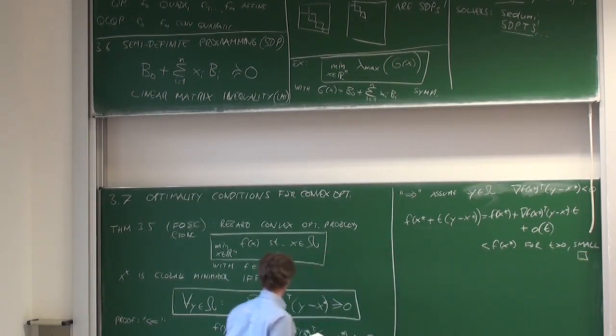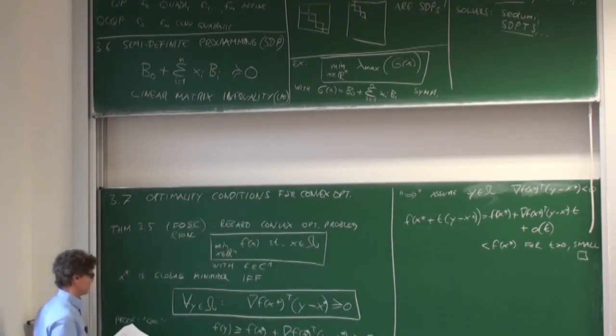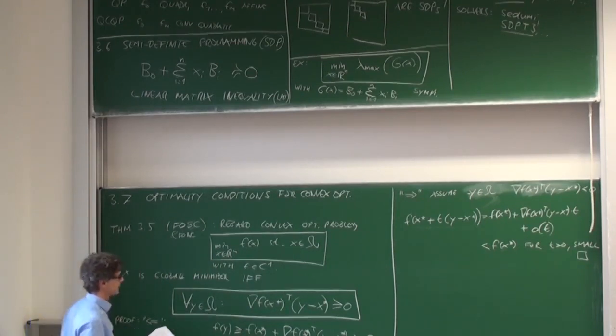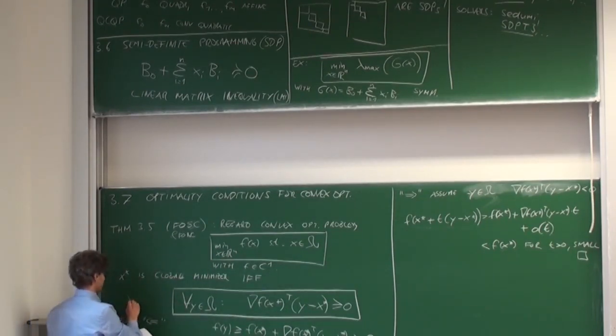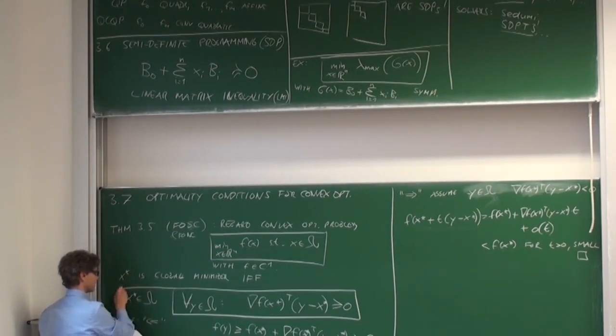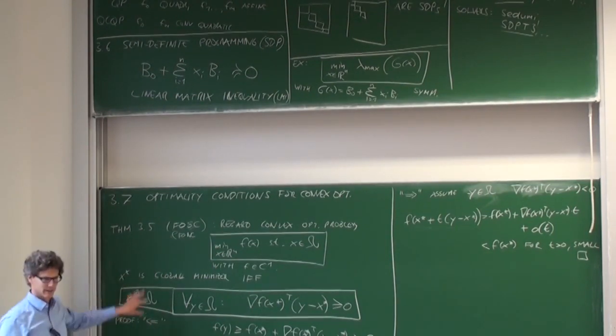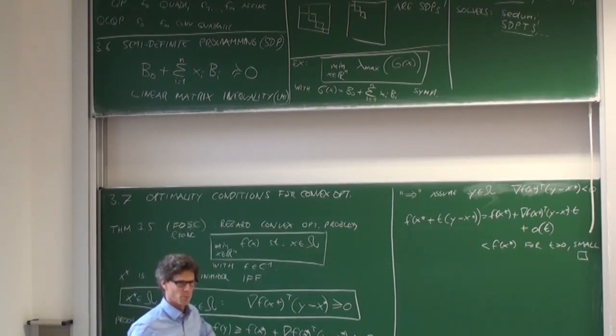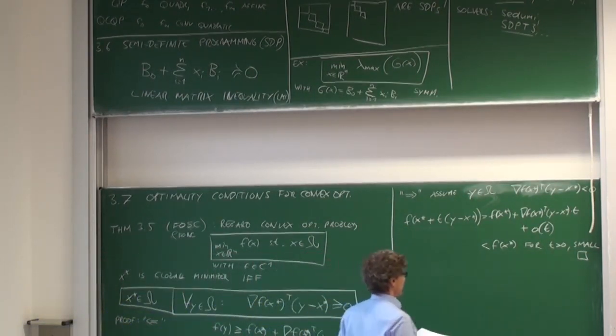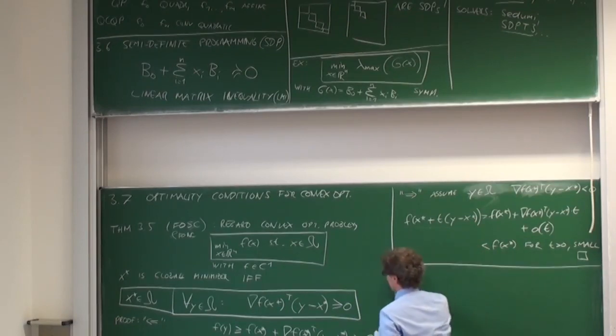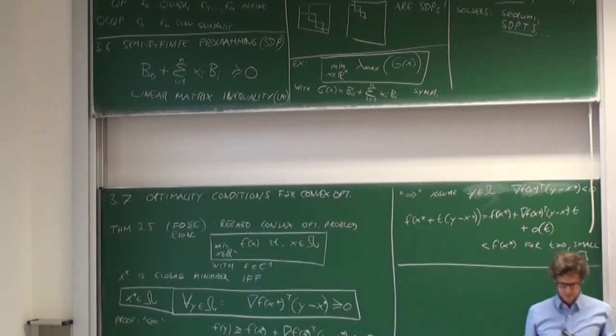So in that sense, we have proven both directions. I think that I have forgotten one thing here. The other condition, which I implicitly assumed all the time, is of course that x star is a feasible point itself. That's something I've forgotten here in the statement, but I implicitly assumed it also in the proof.